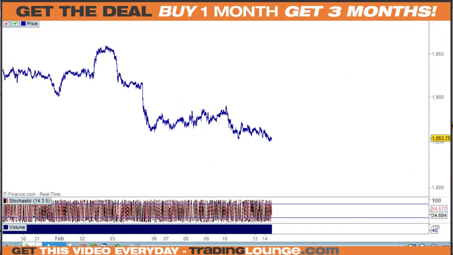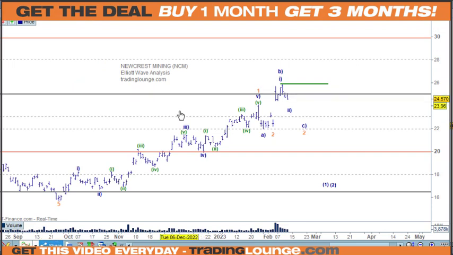Anyway, that's gold. And Newcrest Mining, it's chucked that little wobbly, so we're just waiting to see. I'm just wondering, when gold does its B wave to the upside, will we get another high here for this? Or are we just going to pull back into here somewhere and then go up?